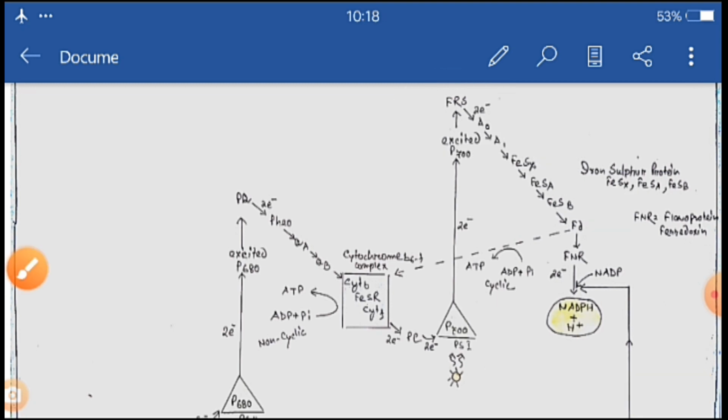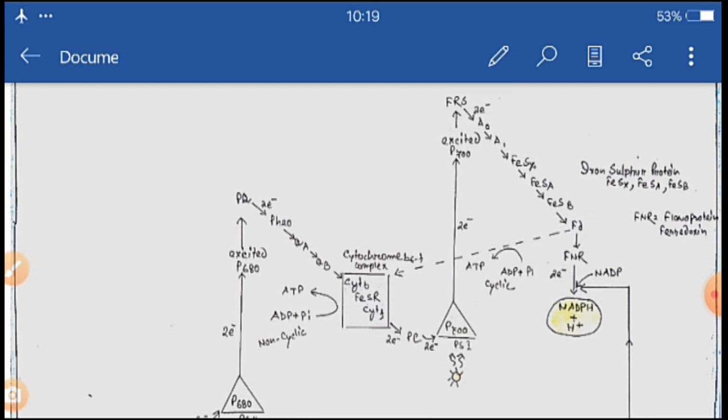Now it will decide the transfer of electrons in two paths. Okay, and here the paths will be dependent upon the availability of H positive ion.